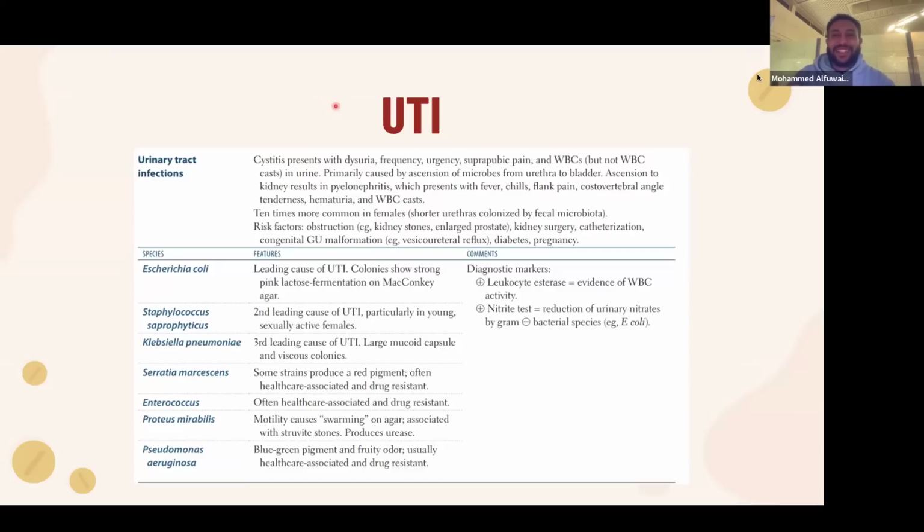It's an important factor, something called indole. Why it is somewhat important is it differentiates E. coli from Klebsiella. In terms of the factors, indole positive is E. coli, indole negative is Klebsiella. Plus, Klebsiella will have the large mucoid capsules when you see it in the culture, in the agar.